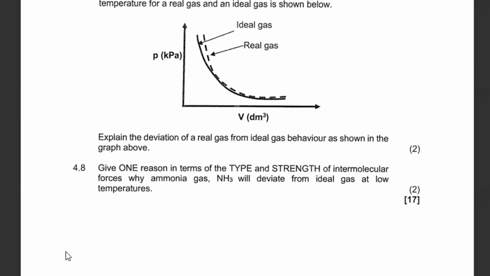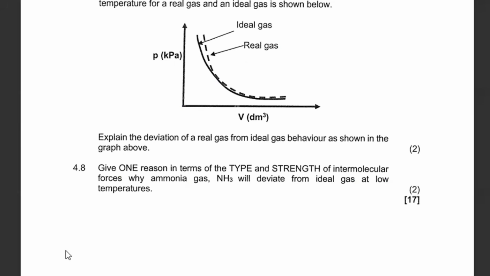Then it says explain the deviation of a real gas from an ideal gas. So what's the deviation there?